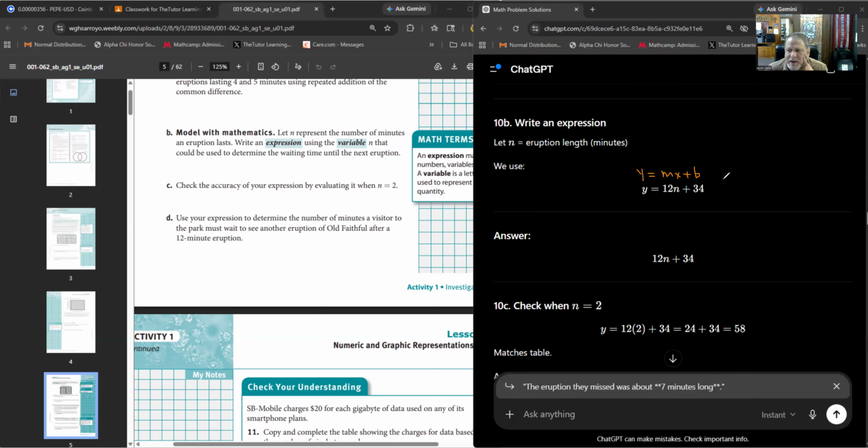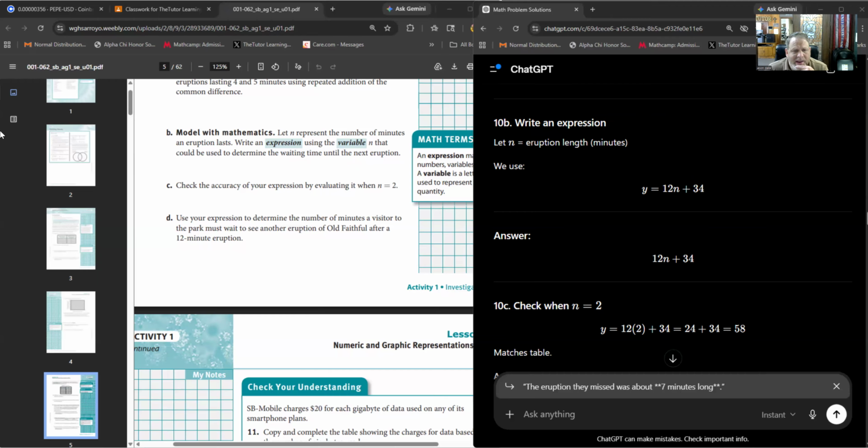Does that mirror y equals mx plus b? Yes. All right, and we can say this was our minutes, right? And this is what we had when we substituted, remember, to get our 34. y equals 12n plus 34. Okay, so we're just taking what we've learned in A, B, and C and putting it in here. Does that make sense? Okay.